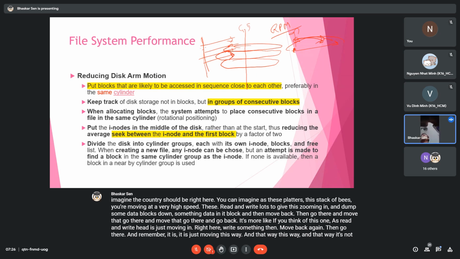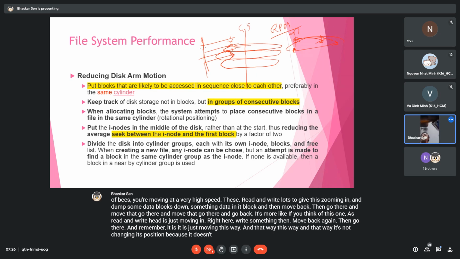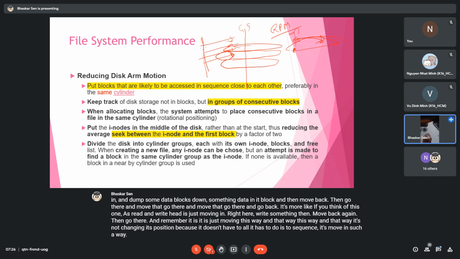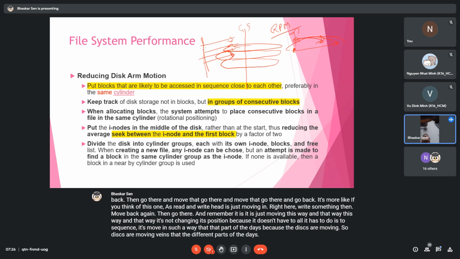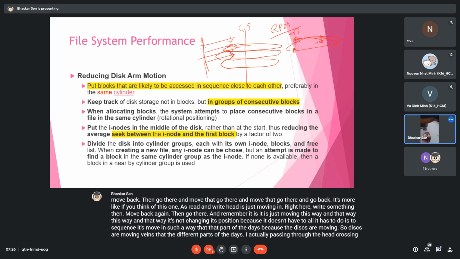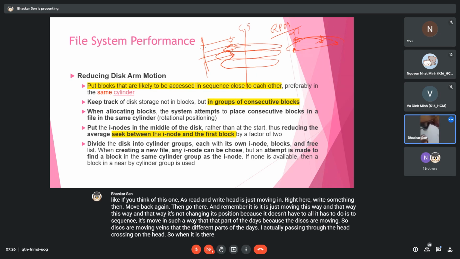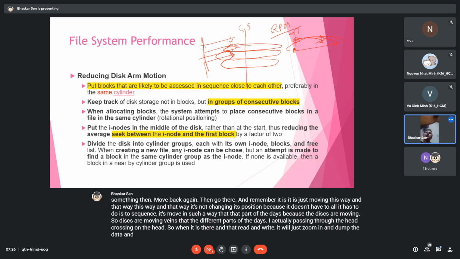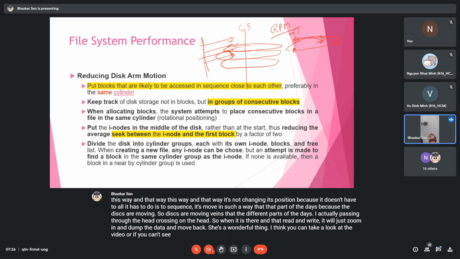It's not changing its position because it doesn't have to. All it has to do is sequence its move in such a way that the right part of the disk, because the disks are moving, passes under the head. When it is there, the read and write head will zoom in, dump the data, and move back. So it's a wonderful technique. I think you can take a look at the video, or if you can't see it, just go to YouTube and search for how hard disks work.